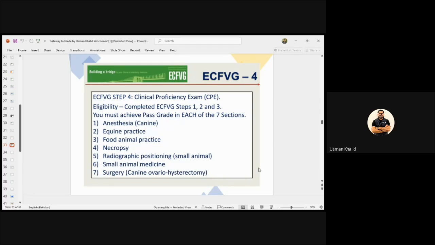The process is, you go on the website and pay the fee for the NAVLE, and then you send your score from ECFVG to ICVA, and they will confirm via email that they got everything, and then you will be able to select your dates and all those things.